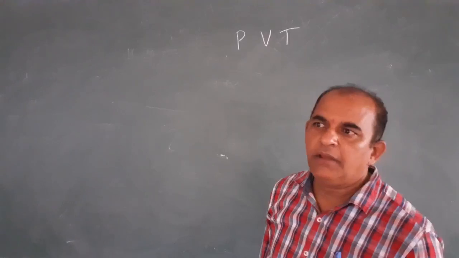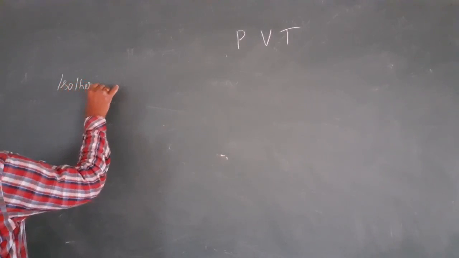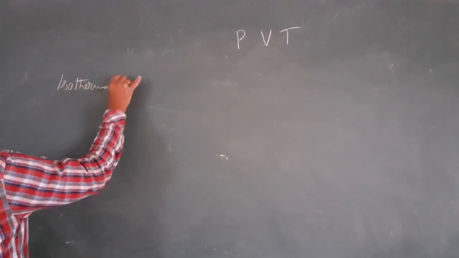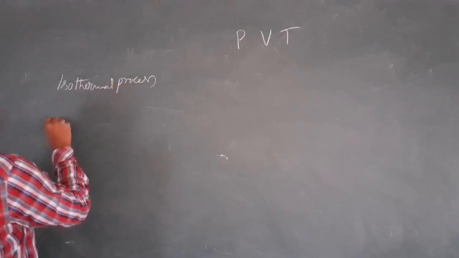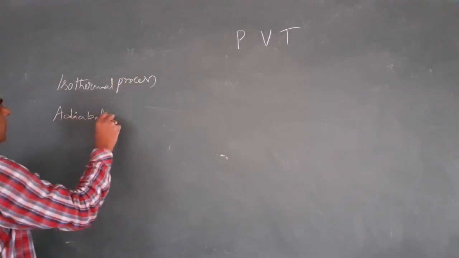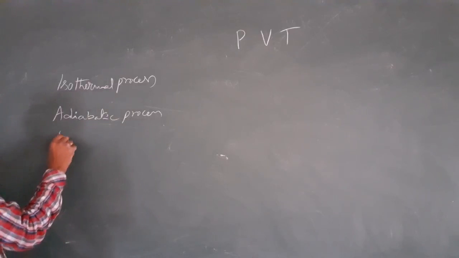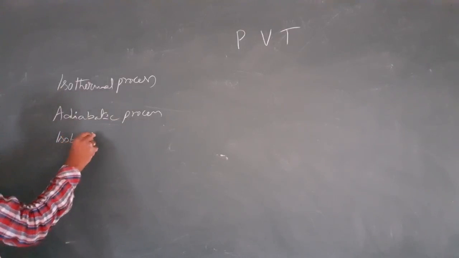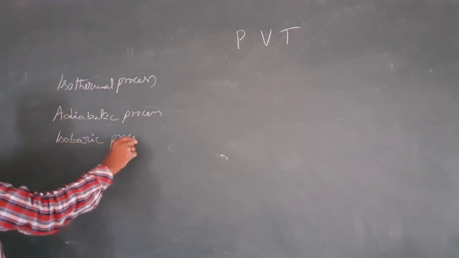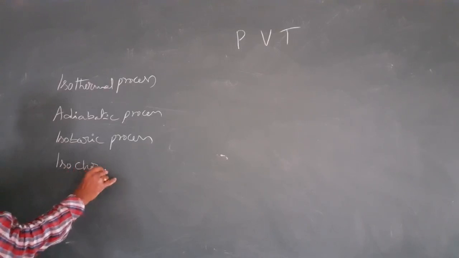So there are mainly four processes. One is the isothermal process. Second, the adiabatic process. Third, the isobaric process. Fourth, the isochoric process.